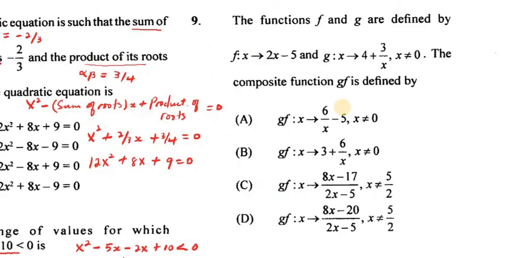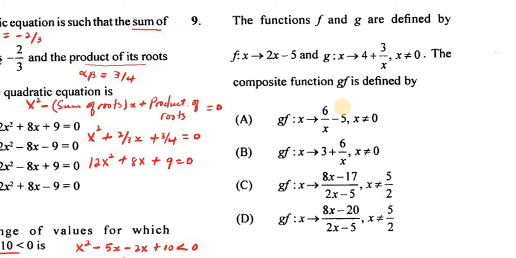Okay, number 9. The functions f and g are defined by f is such that x is mapped onto 2x minus 5, and g is such that x is mapped onto 4 plus 3 divided by x, x is not equal to 0.